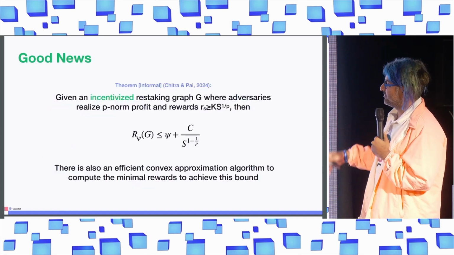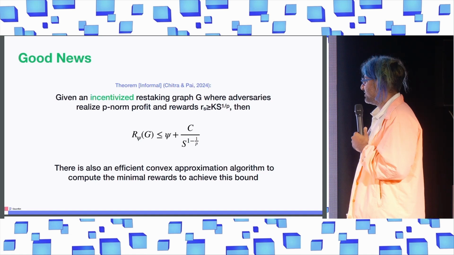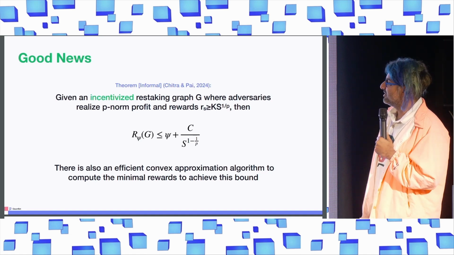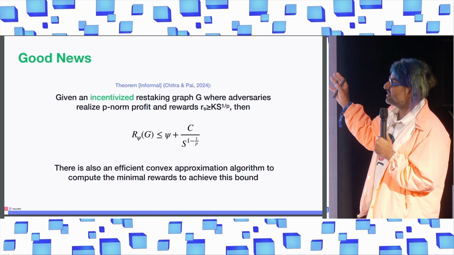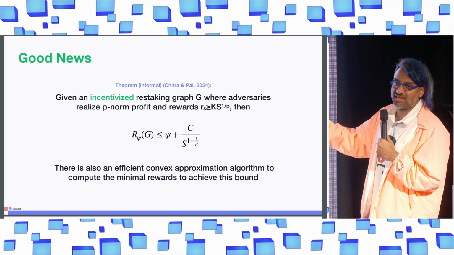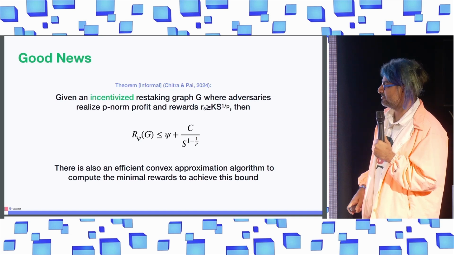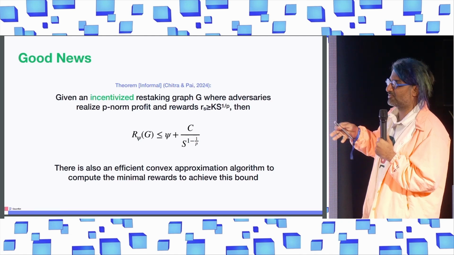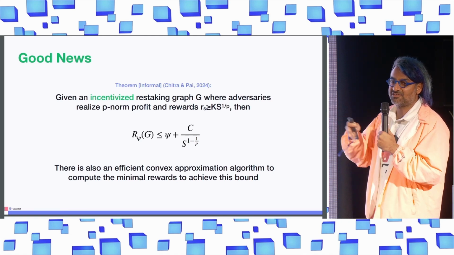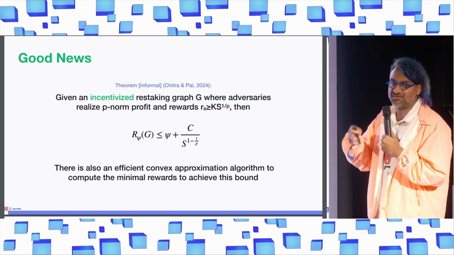So the good news, and the paper will hopefully be out in a couple of weeks, is that given an incentivized restaking graph, you can actually bound these cascade attack sizes. And there's a parameter for how much you pay in rewards that controls how much cascade you have.